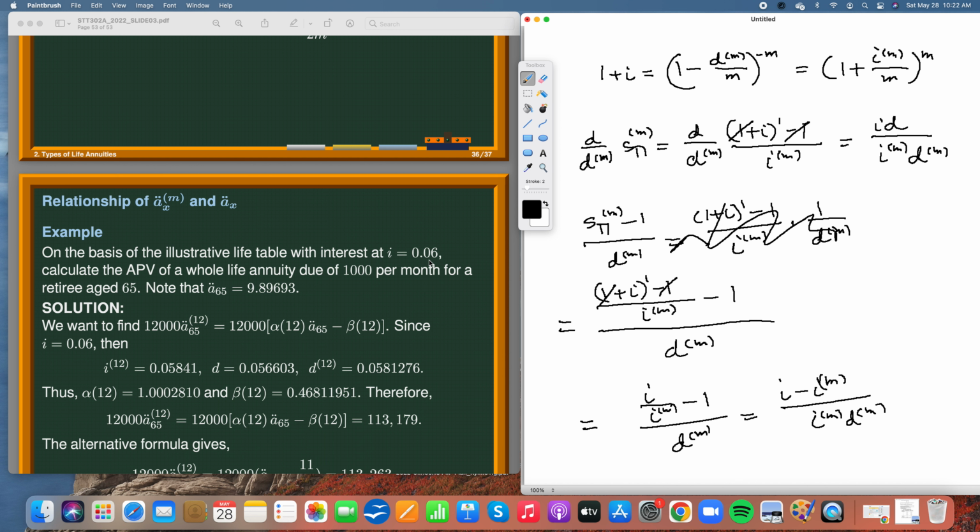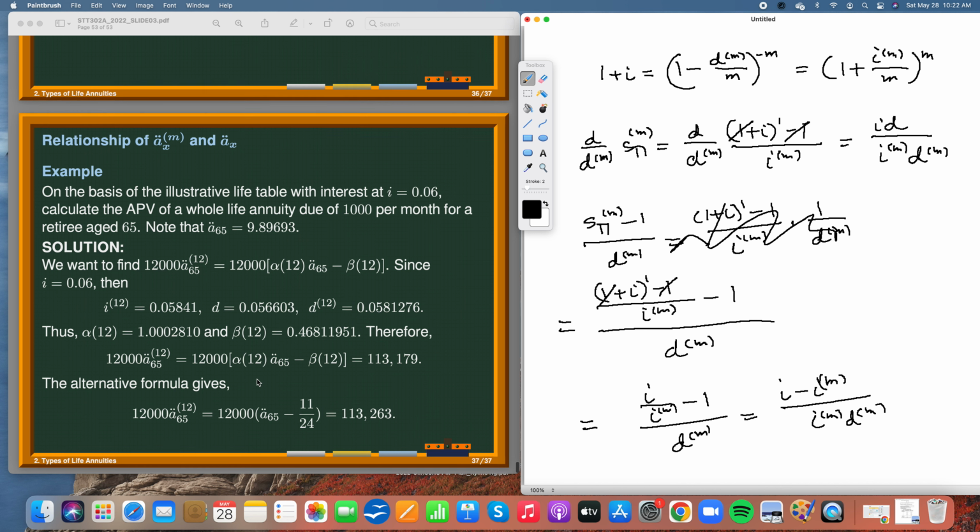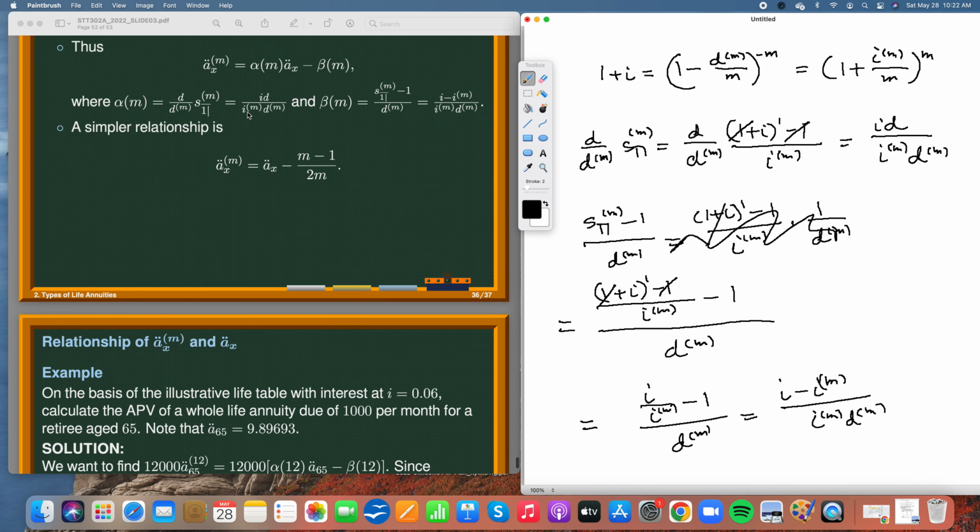So if i is 6%, using this property, to get the formulas, we use this identity. i to the upper 12 would be 0.05841. d is 0.056603, and d to the upper 12 is 0.0581276.